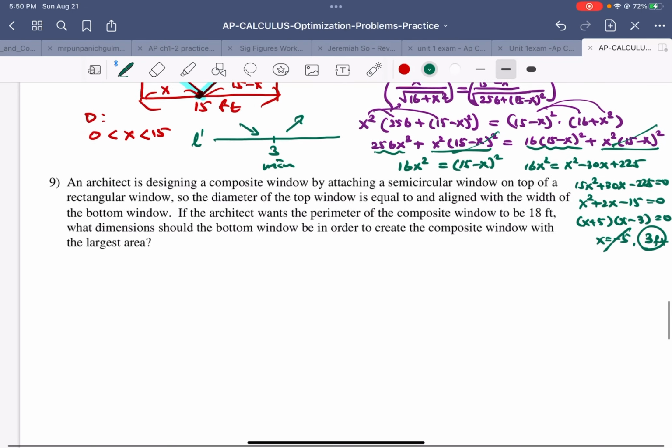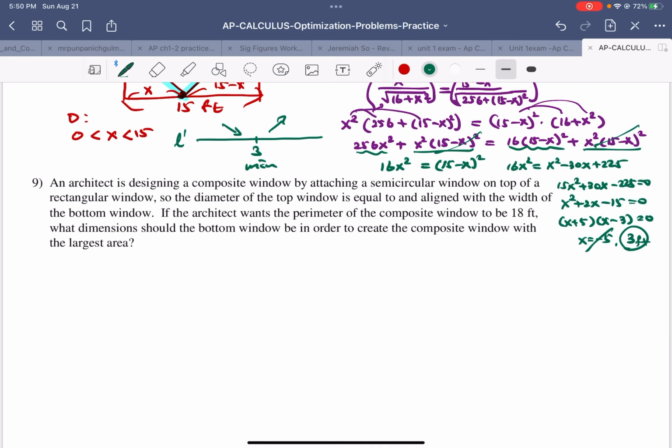Now next one, number 9. An architect is designing a composite window by attaching a semicircular window on top of a rectangular window. You can draw a rectangular window and this semicircle window. So the diameter of the top window is equal to and aligned with the width of the bottom window.